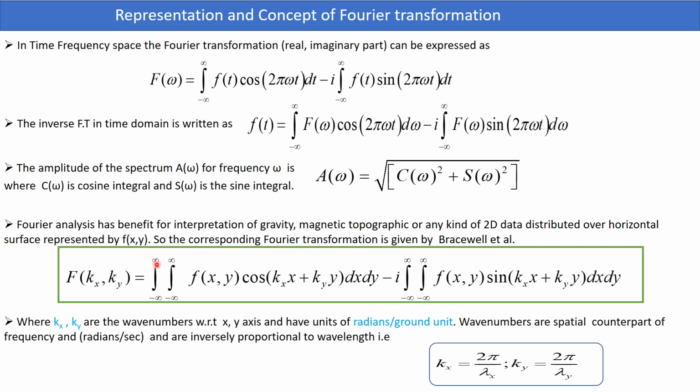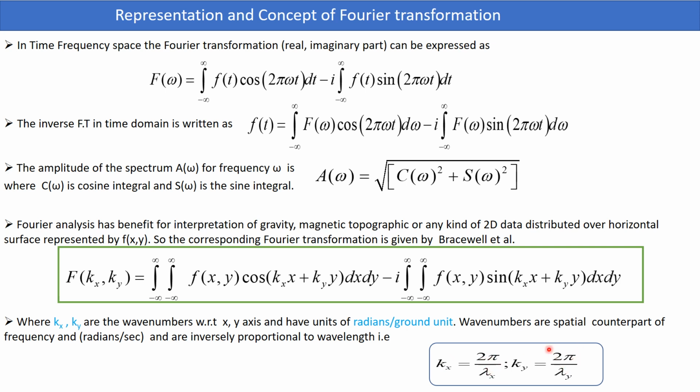For a 2D data distribution of gravity and magnetic data, we also go to the k space, meaning frequency space, where k are the wave numbers that will be frequently used afterwards to set a lower cutoff and higher cutoff, in radians per ground unit. The wave numbers are the spatial counterpart of the frequency. So kx will be 2 pi by lambda x and ky will be 2 pi by lambda y.